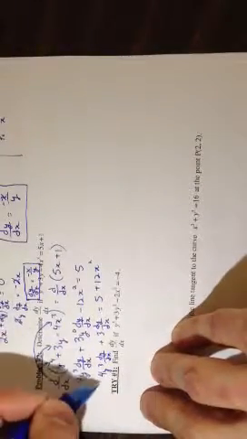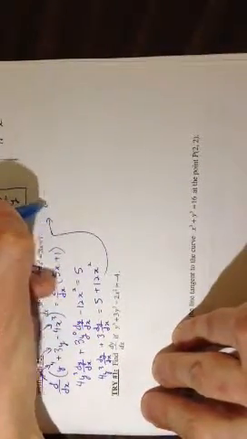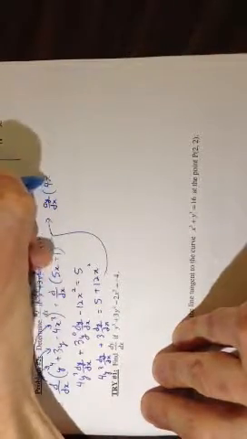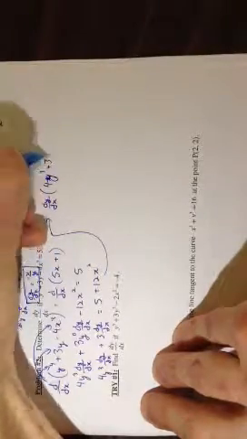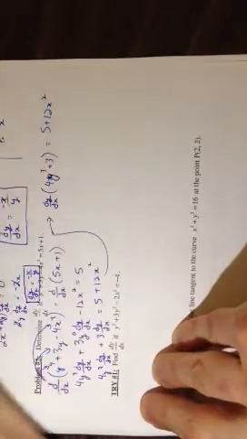Alright, so now I've got a common factor there of dy by dx. So let's factor that out. Dy by dx times 4y cubed plus 3 equals 5 plus 12x squared.